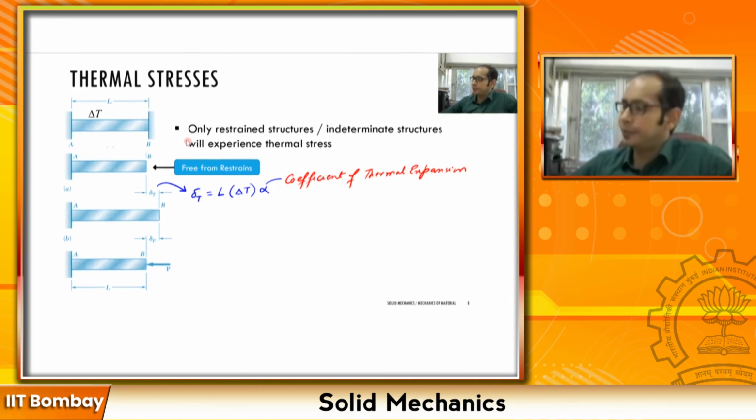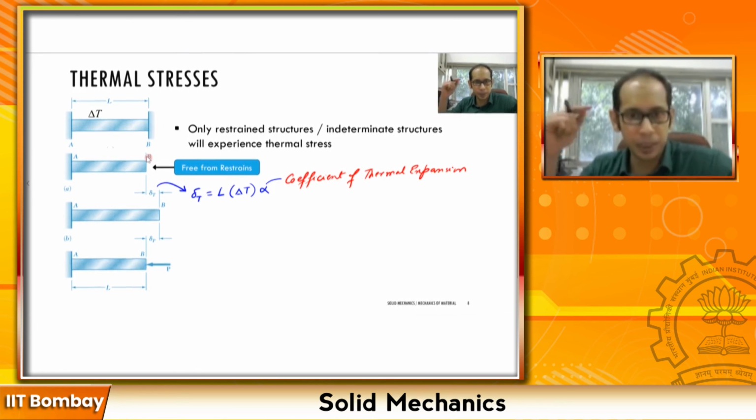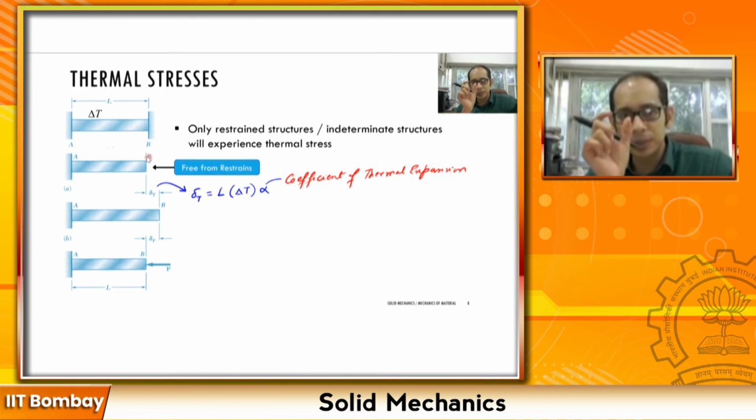Now, if you take a look at the original structure, this B is not moving anywhere. So by putting this support B, I am restricting this movement. So this reaction force P which must develop at this particular support must be resisting this movement delta T. So if I have to push it back, I apply a load P and push it back to where B originally was.